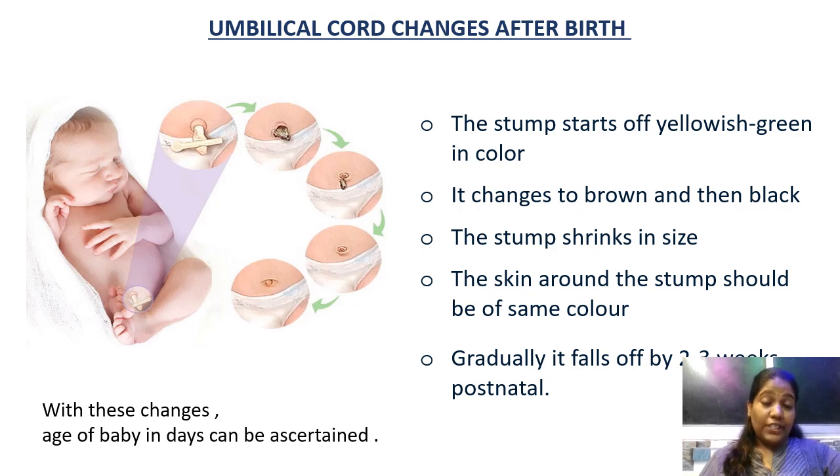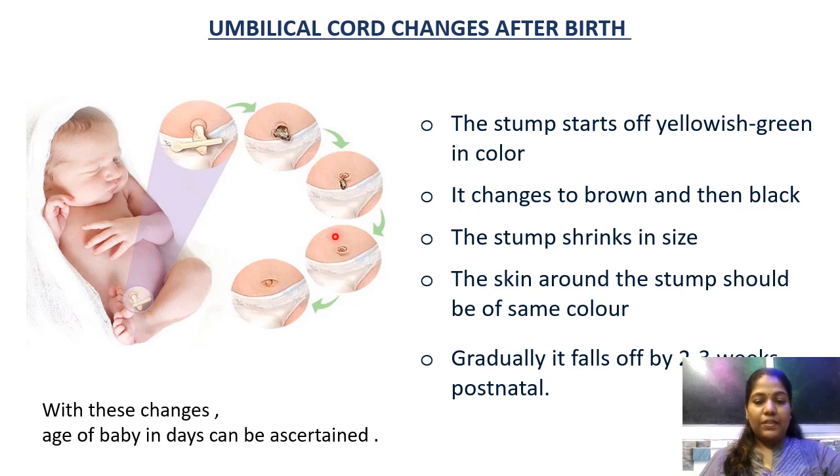So what are the umbilical cord changes that occur after birth if the baby is born live? Based on this also we can ascertain the age of the baby in days. As soon as after birth, the umbilical cord stump will start to change in color, from yellowish to green. Slowly blood supply gets cut off so that it becomes brown color, and then the stump starts to shrink.